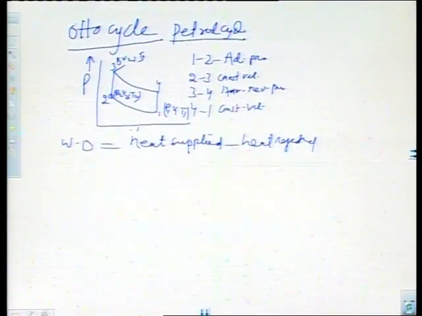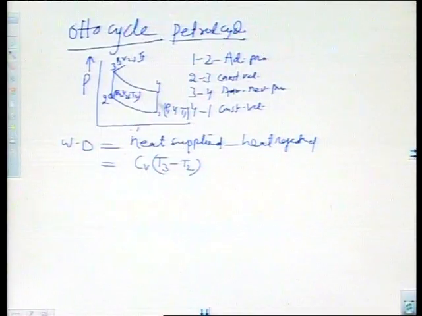Heat supplied means the 2-3 process in which heat is added. We know the formula: if 1 kg is the gas, then with specific heat at constant volume Cv, and the change in temperature T3 minus T2, heat supplied is Cv (T3 minus T2).